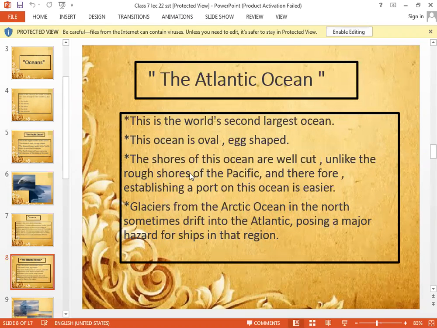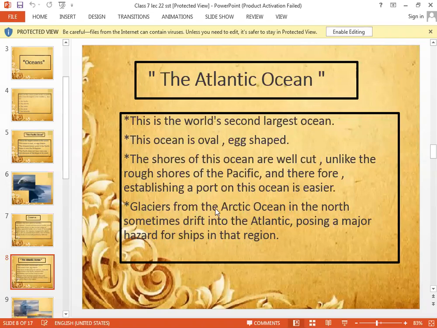But these shores of this ocean, Atlantic Ocean, are well cut, unlike the rough shores of the Pacific. So यहाँ पर सी पोर्ट बनाना easy है, and therefore establishing a port on this ocean is easy.